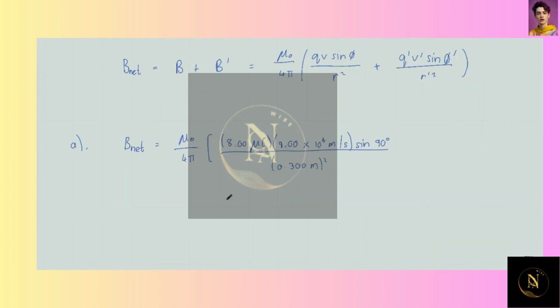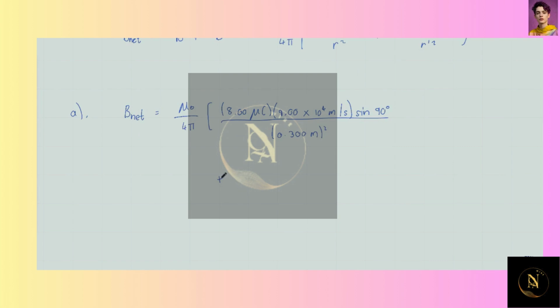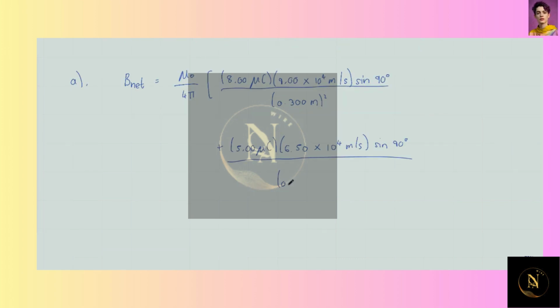This is plus the values for the q prime charge, which is 5 microcoulombs times its speed of 6.5 times 10 to the 4 meters per second times sine of 90 degrees, divided by 0.4 meters squared.